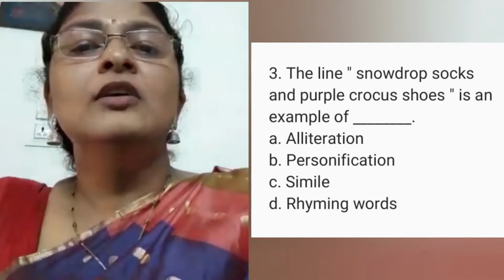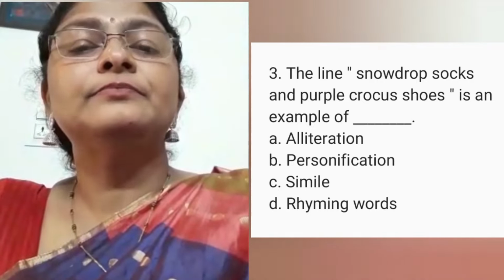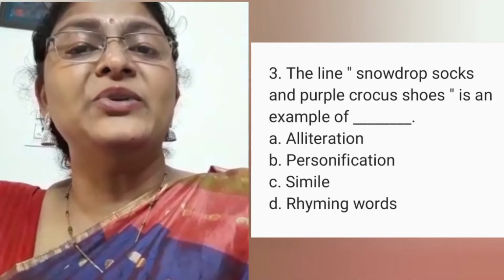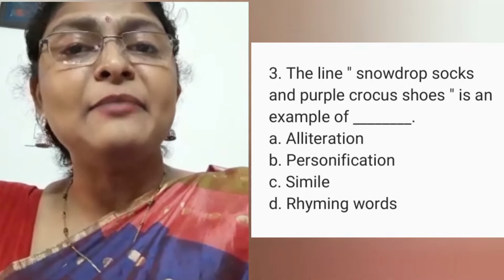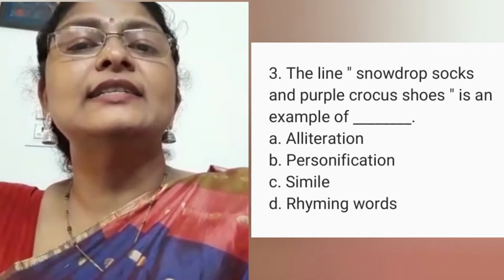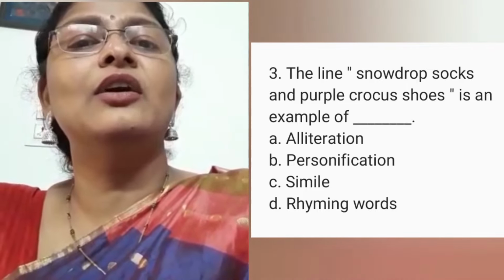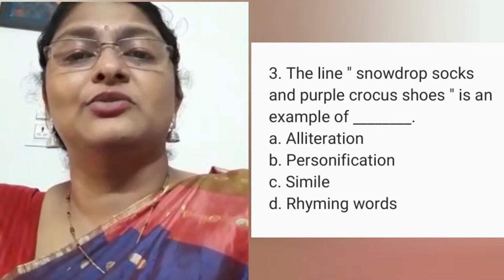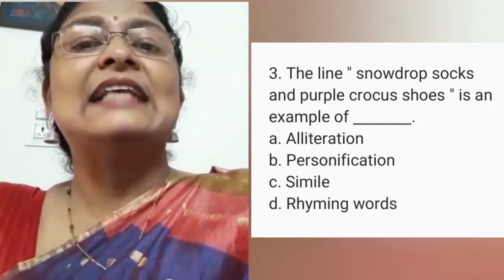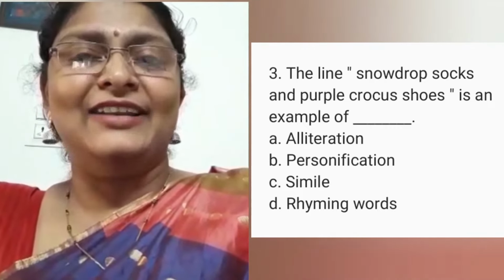"Snowdrop socks." In both these words, the s sound is repeated and these words are coming in the same line, adjacent, that is close to each other. If the words are coming somewhere close to each other also, we can say that it is alliteration. So what is alliteration?